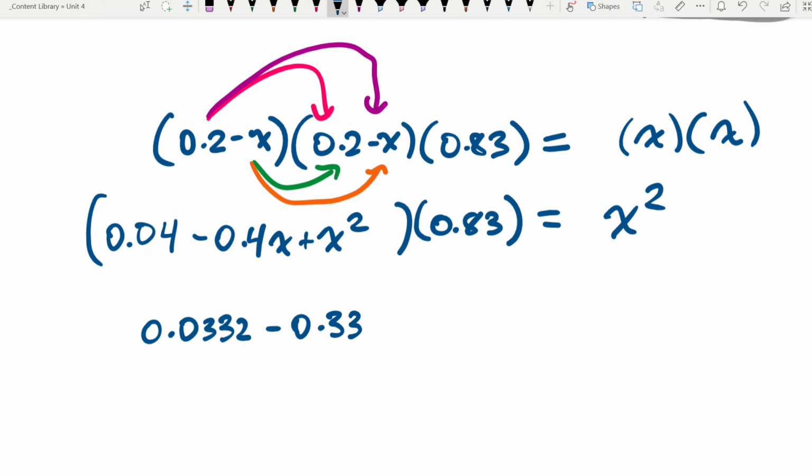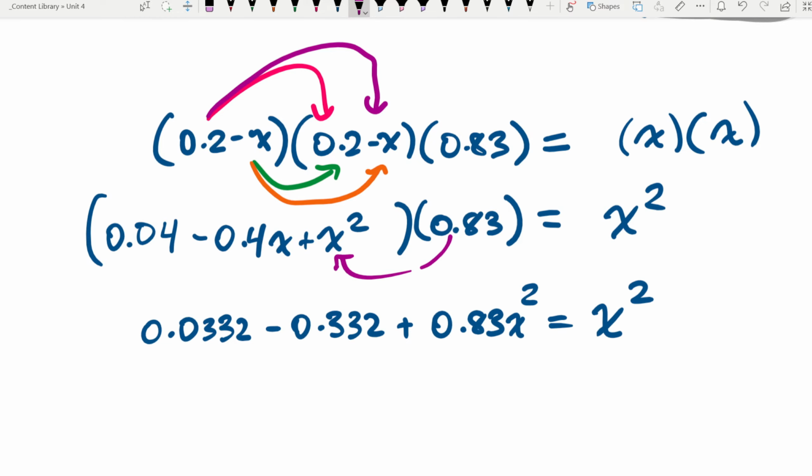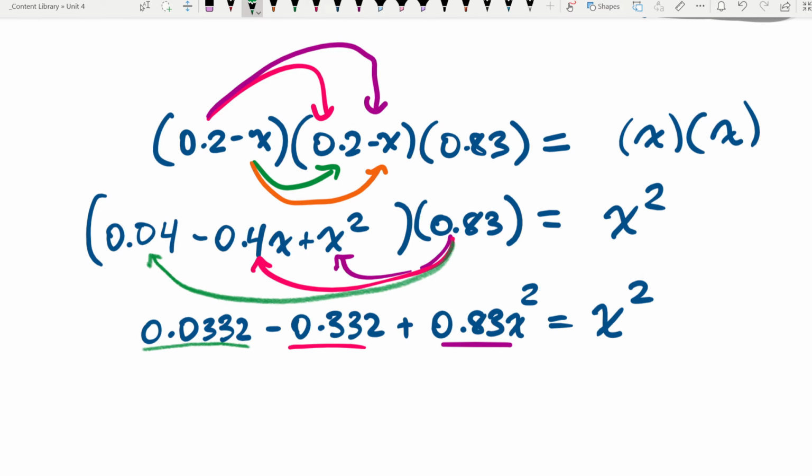Very good. And plus 0.83 x squared equals x squared. All we did was expand that. That multiplied by that. That multiplied by that. And that multiplied by that.